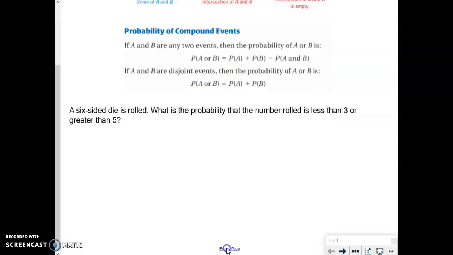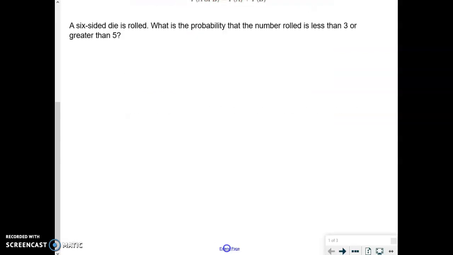So if we take a look at the example that we have here on the screen, it says a six-sided die is rolled. What is the probability that the number rolled is less than 3 or greater than 5? In this case, this would be an example of a disjoint probability. The reason it's disjoint is because there are no numbers that are less than 3 and greater than 5.